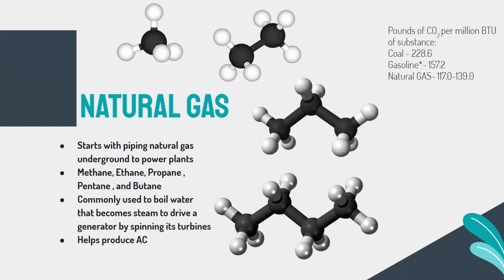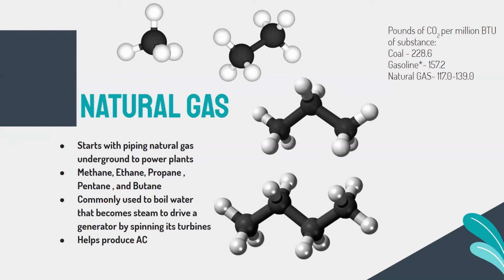If you'll notice inside the top right-hand corner, we have our pounds of CO2 per BTU of a substance, and for coal, it's 228.6. Then we have gasoline, which is 157.2. And we have natural gas ranging from 117.0 to 139.0. So as you can see from gasoline, this really isn't far too much more efficient.